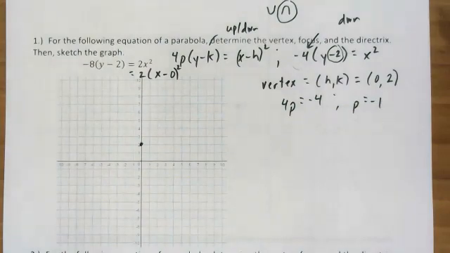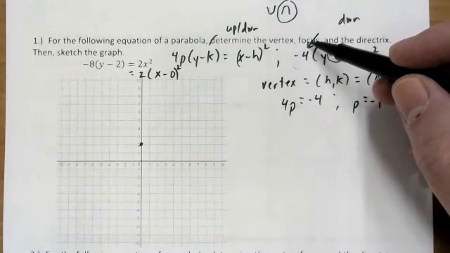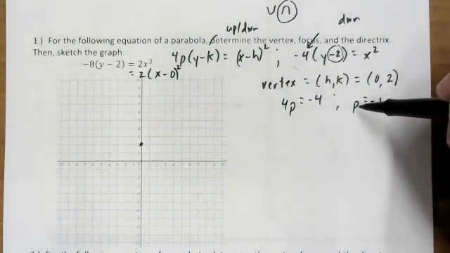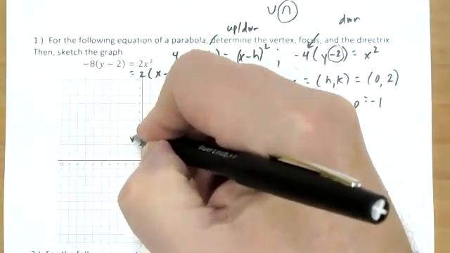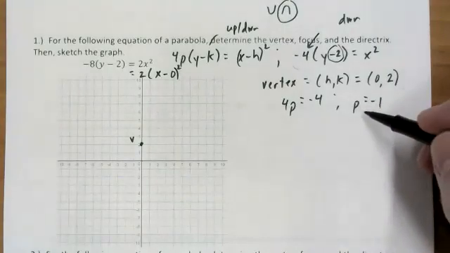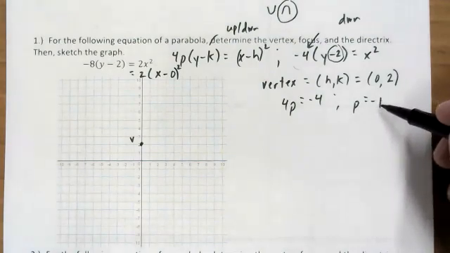I am next going to graph the focus. The focus, you move a distance P from the vertex. So if this is the vertex, P, although it's -1 here, for my purposes, I really just care about the actual number.